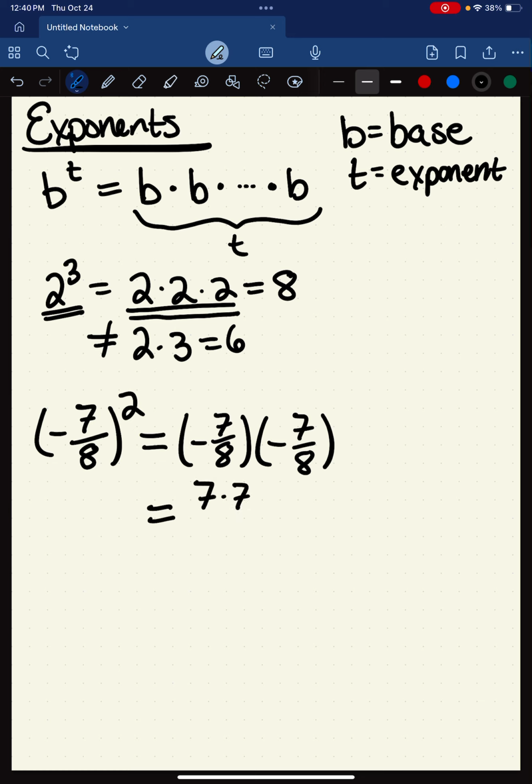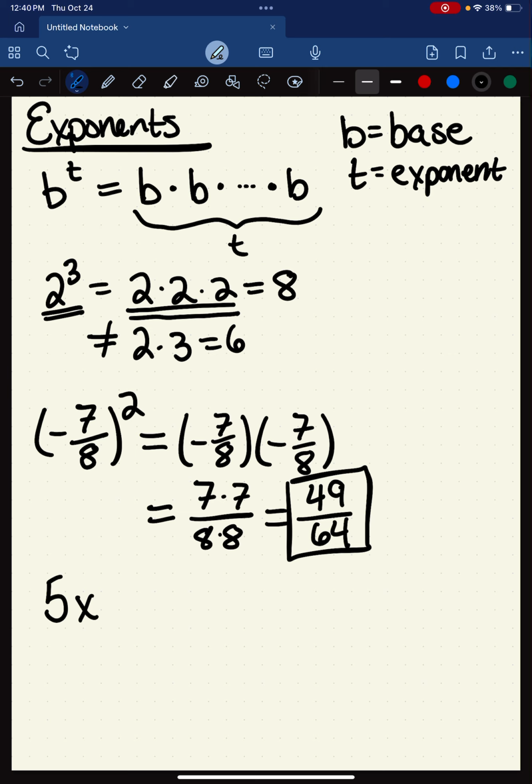That's a positive. 7 times 7 on top, 8 times 8 on the bottom. That's going to give us 49 over 64. So negative 7/8 squared, which is negative 7/8 times negative 7/8, is 49/64.